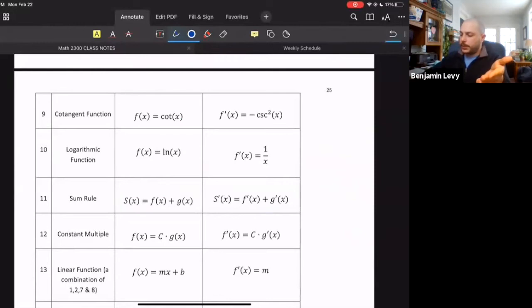The example we just looked at would be x squared plus 1. Let me remind you of this notation. If you want to take the derivative of the function, you just take the derivative of each of those pieces.